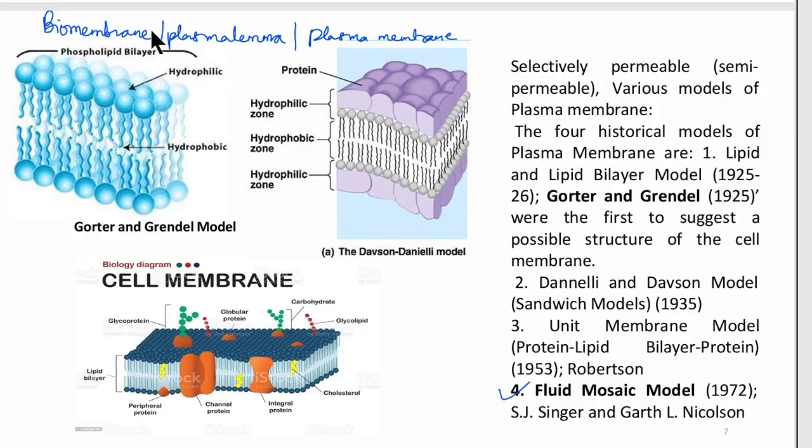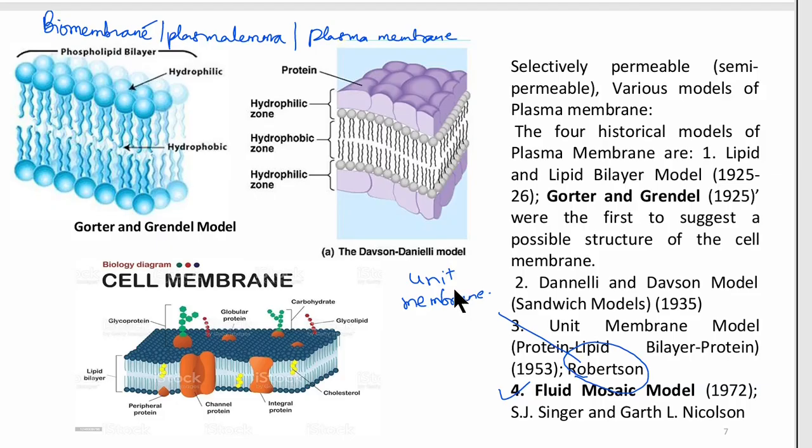Likewise, unit membrane was the term given by Robertson. Robertson was a scientist who gave the term unit membrane.